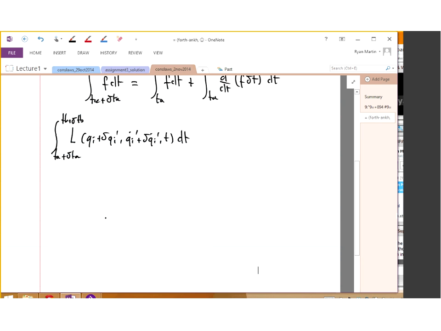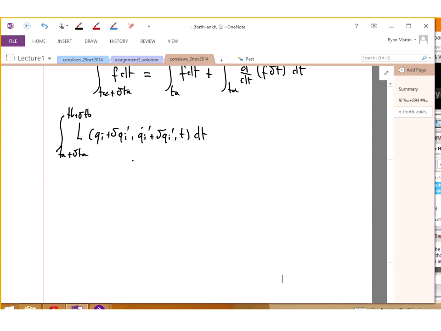Okay, so this is going to equal the integral from TA plus delta TA to TB plus delta TB. Now I expand this in a Taylor series. Sorry, I have an extra prime there as well. In the top part, it's QI plus delta QI prime, QI dot plus delta QI dot primed.